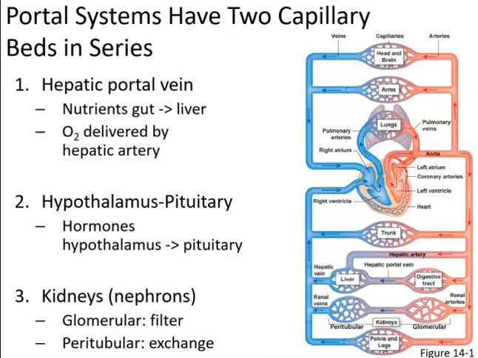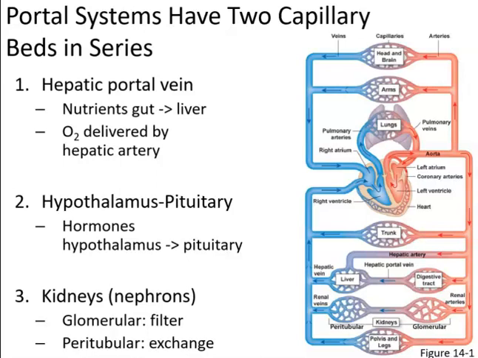The third portal system we don't really see in this image, but we know that exists, is the hypothalamus pituitary axis. So we know that hormones from the hypothalamus have their effects and travel to the pituitary gland. Specifically, we're talking about the anterior pituitary gland.